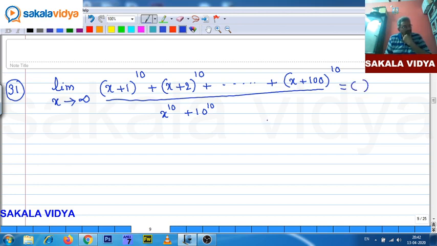First option is 10, second option is 100, third option is 1000, fourth option is 1.